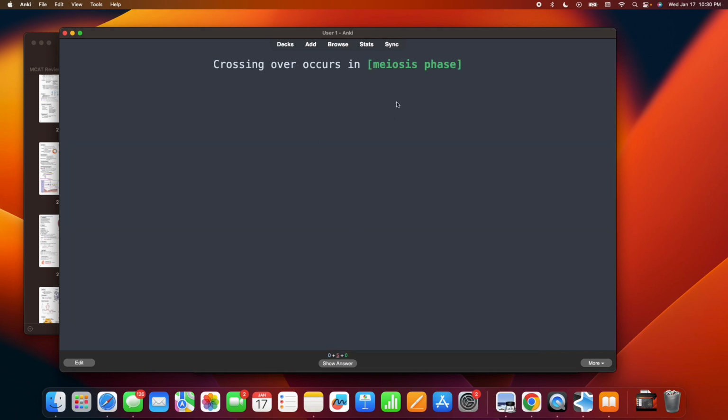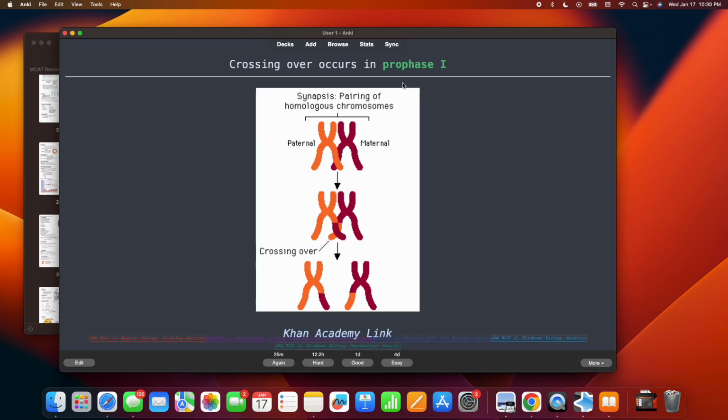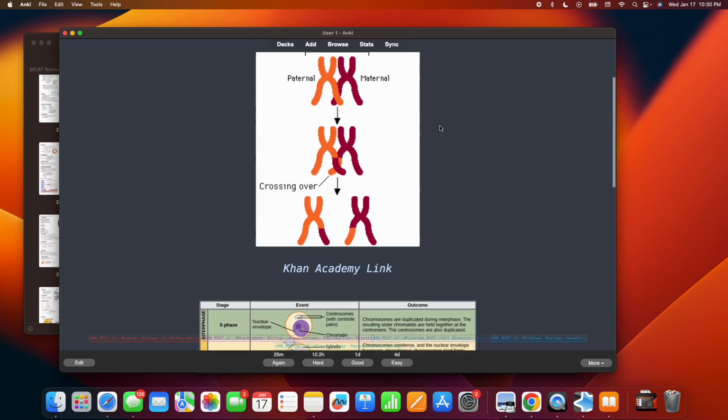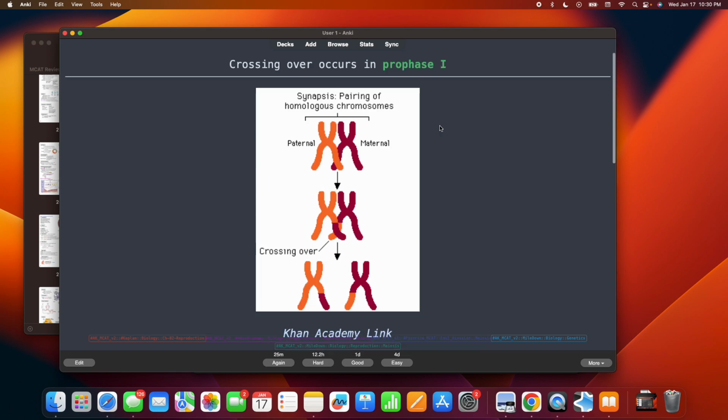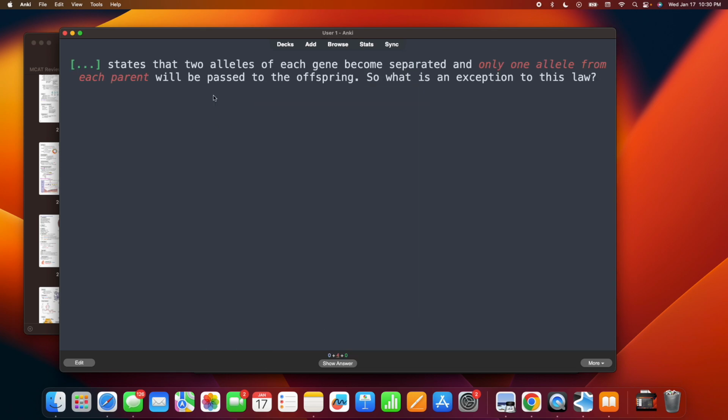Okay. Crossing over occurs in, so the recombination happens in prophase 1. Yes, synapsis, prophase 1. What states that 2 alleles of each gene become separated and only 1 allele from each parent will be passed to the offspring?